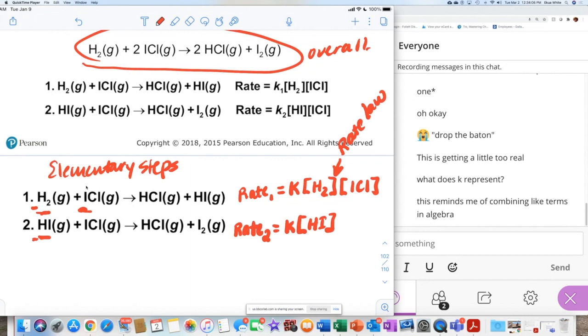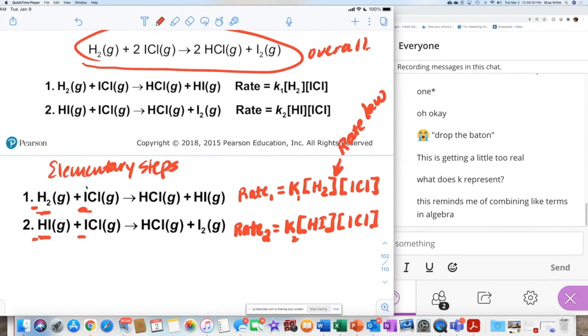There's no coefficient here, so the 1 is implied. And over here, I have ICl, and this is the second one. Also, coefficient is 1. So now they put K1 here, K2 here. So we got that, right? I have my rate laws for my elementary steps.